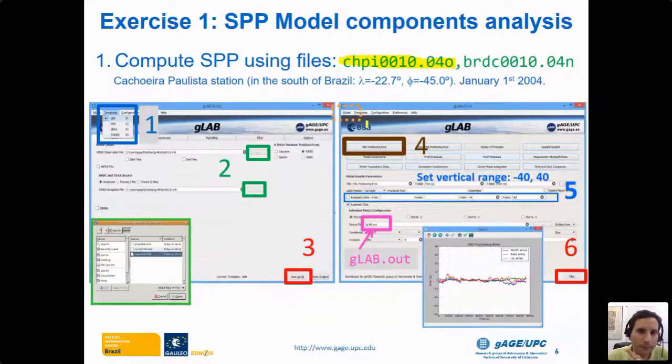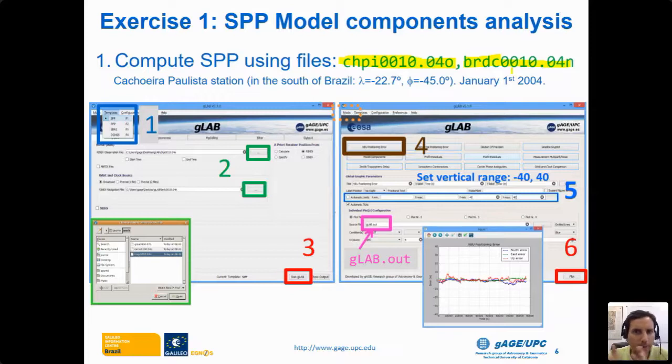The standard format is this RINEX file that we saw on Monday. And then we have a second file that is this broadcast orbits and clock file. And this is why you can see that it is BRDC, the short name for broadcast.